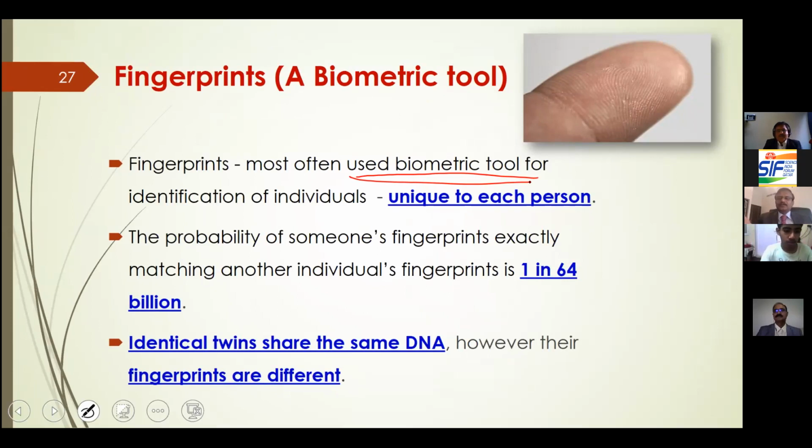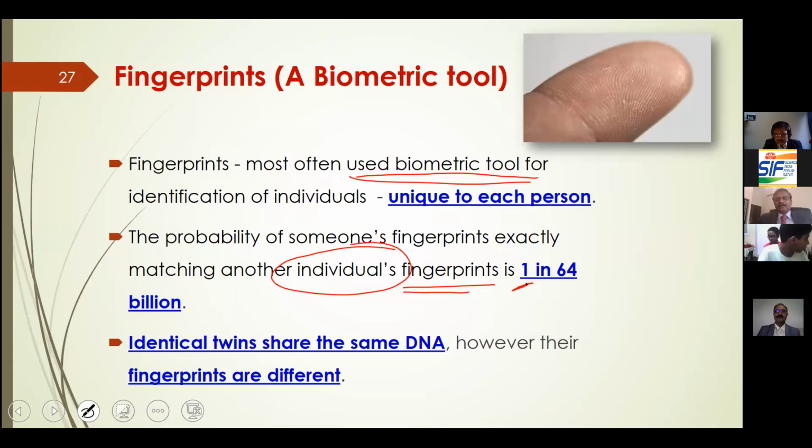One of the things that people use is fingerprints and DNA analysis. And think about crimes that are committed by people. When they go to rob somebody or steal something, they touch surfaces and leave behind their fingerprints. And this is so unique that the chance there is another individual with the same fingerprint is about 1 out of 64 billion.